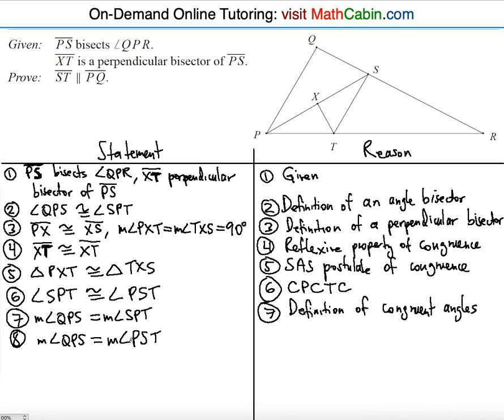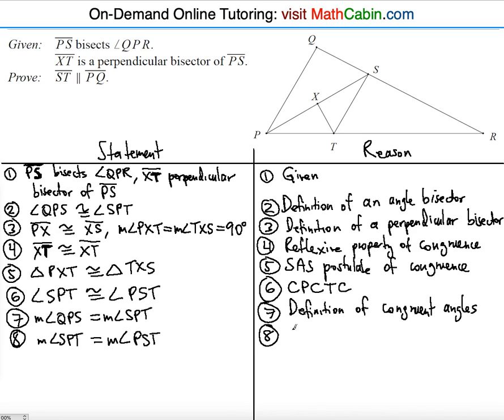Okay, we probably need one more line, because I want to perhaps not skip a step if it's possible, just to be sure. So the measure of angle SPT is equal to the measure of angle PST.